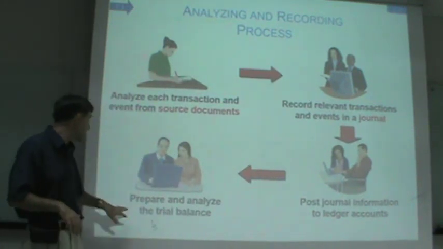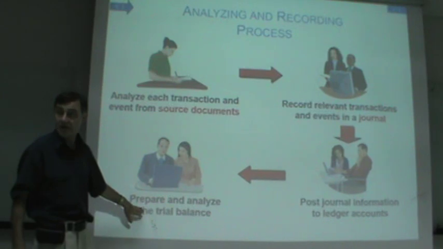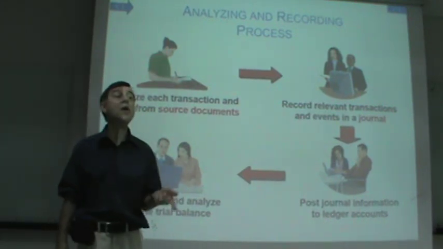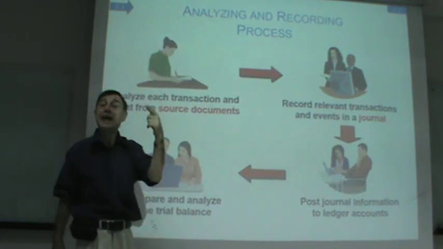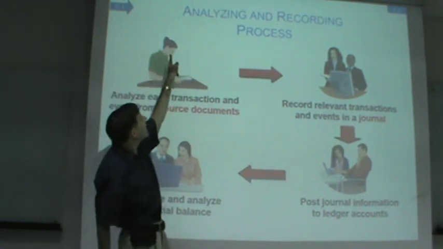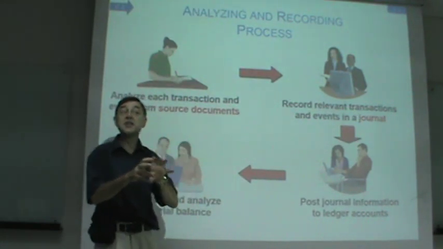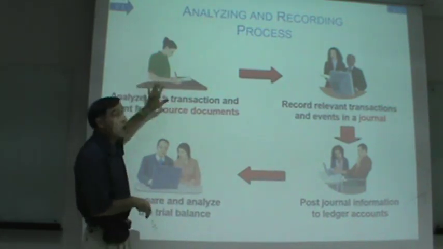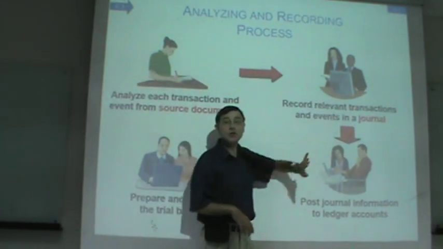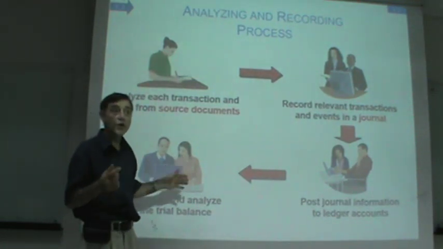And then the last step is prepare the trial balance. So today, possibly next time, we're going to complete these steps. This is called the accounting process. And a process means a sequence of steps. Step 1, step 2, step 3, step 4, okay?